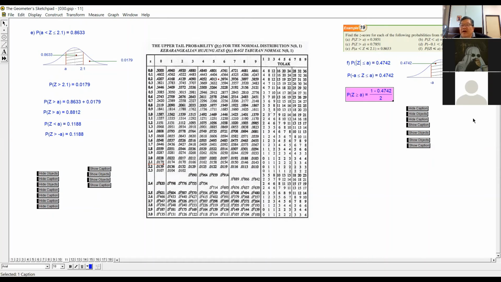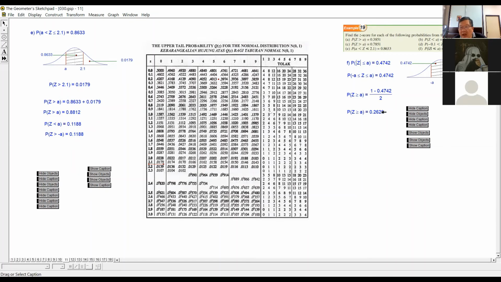I use 1 minus 0.4742. 1 minus 0.4742 is take away the center part. What is left behind is the sides here, the lower tail and the upper tail. So what is left behind is two parts. So I have to divide by 2 to find only this part. And so the probability greater than A is 0.2629.